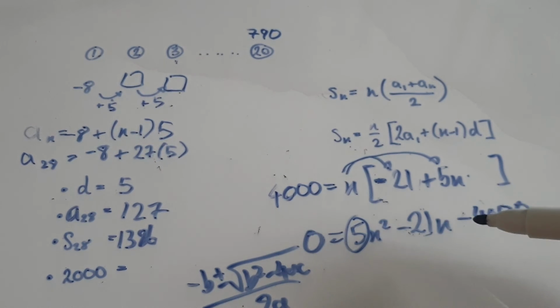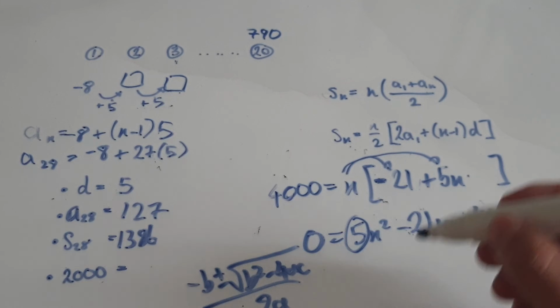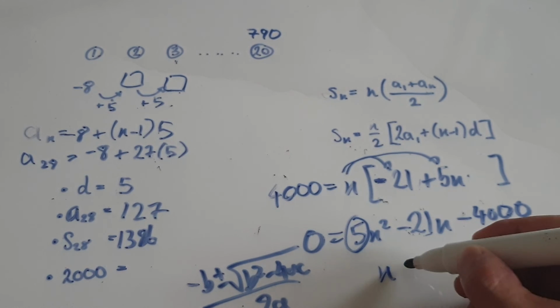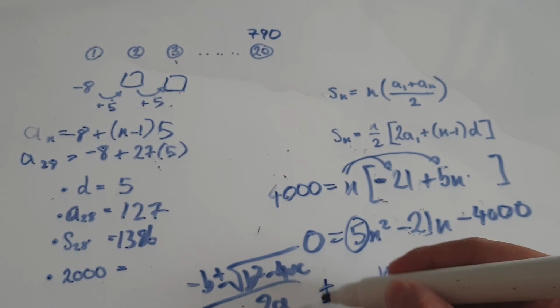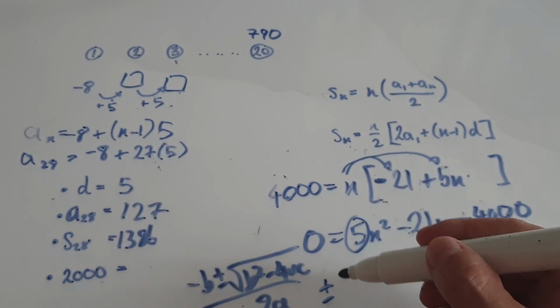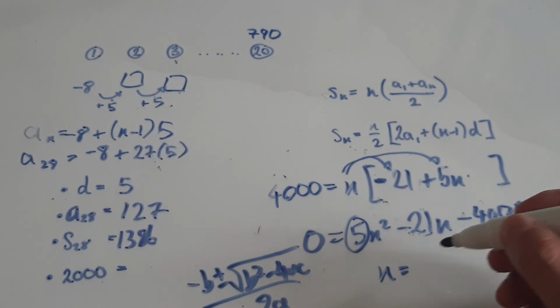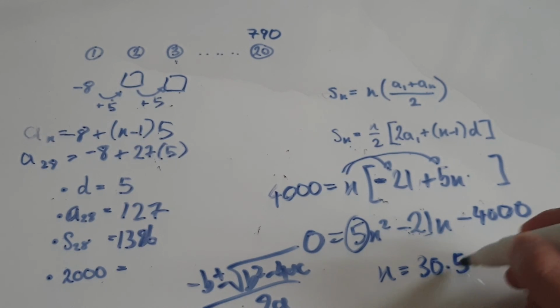Well, use the quadratic formula, and it will give you this answer, which I did earlier. It gives you n equals. Don't forget, you're going to get a positive and a negative version. You want the positive one because you don't really want a negative n. So when you use the quadratic formula, n turns out to be 30.5-ish.